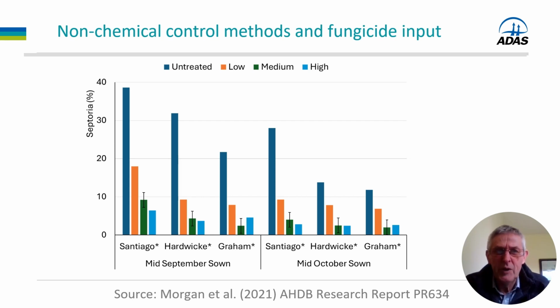So the effect of non-chemical control methods, in this case variety and sowing date, both reduces the average need for fungicide input and, almost more importantly, it reduces the range of possible future outcomes which lead to the uncertainty, which often lead to applying a bit more fungicide for insurance to insure against a substantial crop loss that would result from an unpredicted high severity epidemic.